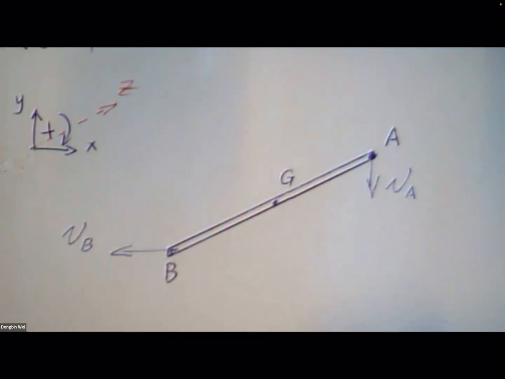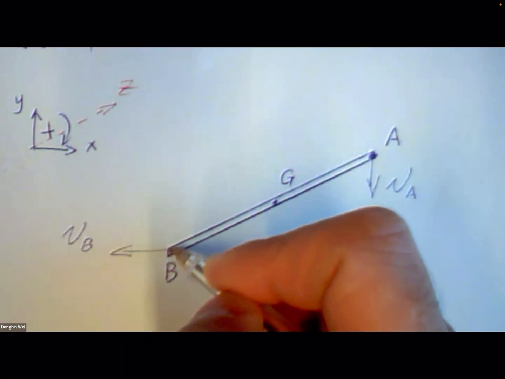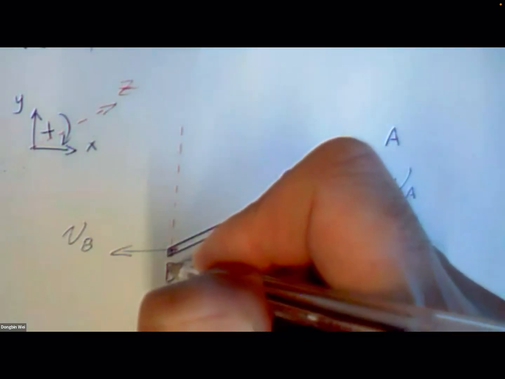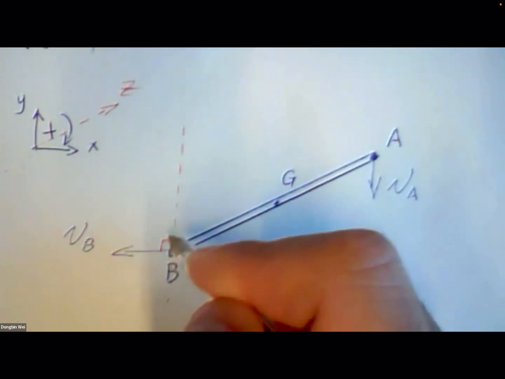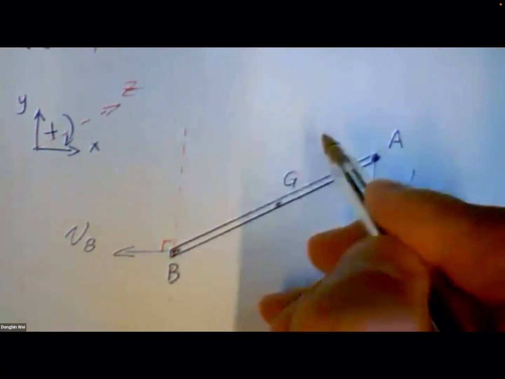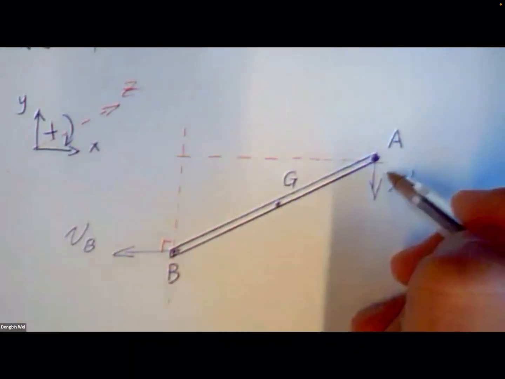Now, if you know the directions at A and B, how do you determine the location of the IC? What we can do is draw a line going through point B, perpendicular to VB, and another line going through point A, perpendicular to VA.